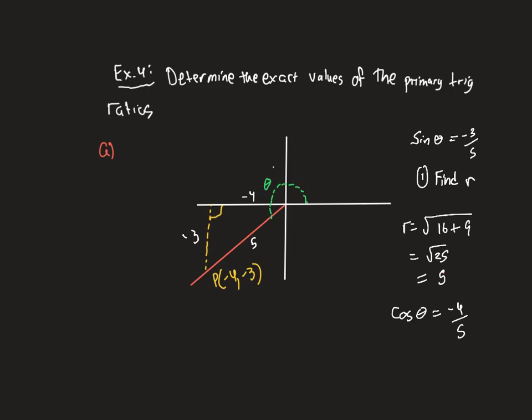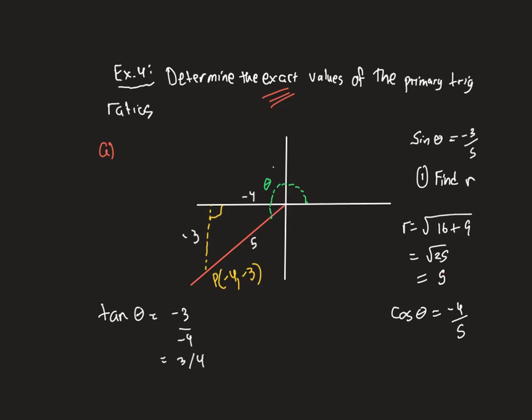And finally, tangent theta is going to be our positive answer here, because you're going to have negative 3 divided by negative 4, which is positive 3 over 4. Now remember, key word here: exact. When I tell you exact, that means I need the final answer to be in fraction form. Okay?